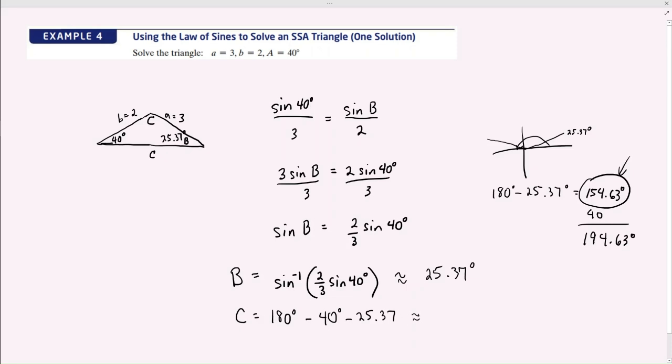So we've got a measure for C about 114.63.